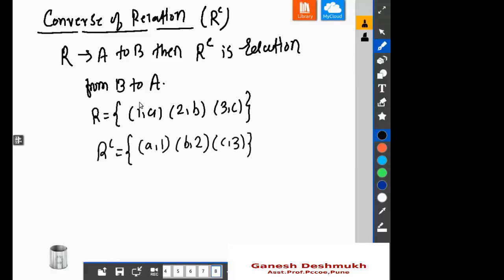Because the first element of the pair is an element from set A and the second element of the pair is an element from set B. This is a relation from set A to set B and its converse is from set B to set A. So it's simply reversing the pairs.